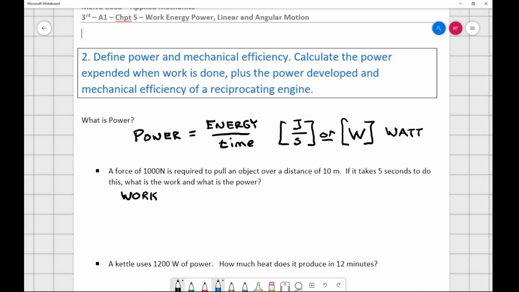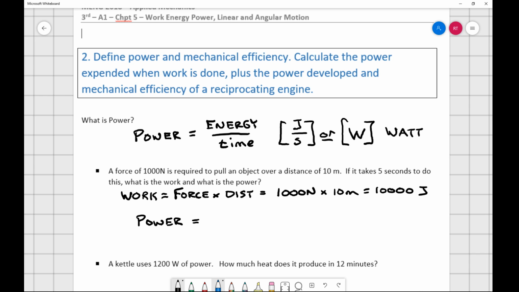So work is equal to force times distance. In this case, 1,000 newtons and a distance of 10 meters, and we have 10,000 joules of energy in the form of work.